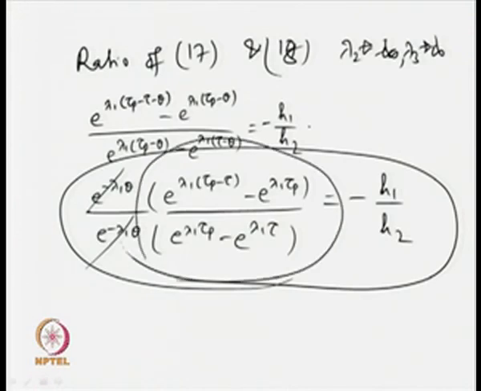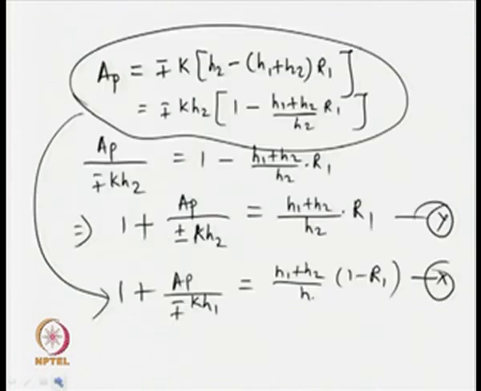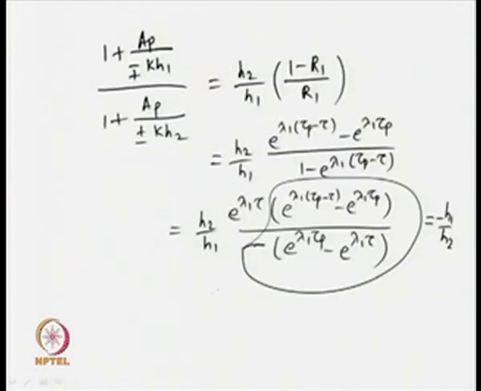So, this term is obtained as minus h 1 by h 2. So, when I substitute this, minus will cancel out and h 2 cancels out, h 1 cancels out, leaving us, because this is giving us minus h 1 by h 2. So, finally, we are getting e to the power lambda 1 tau.